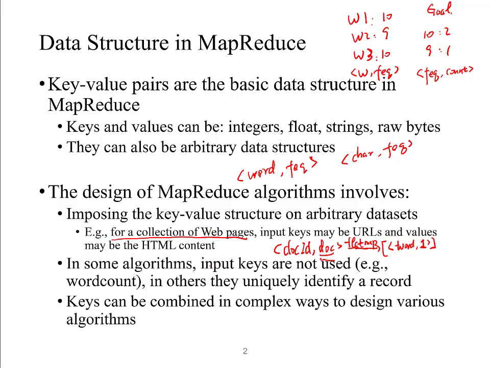It is possible, but in other cases, or in most cases, the keys uniquely identify a record, especially in those applications regarding a database or a table. The keys can be combined in complex ways to design various algorithms.